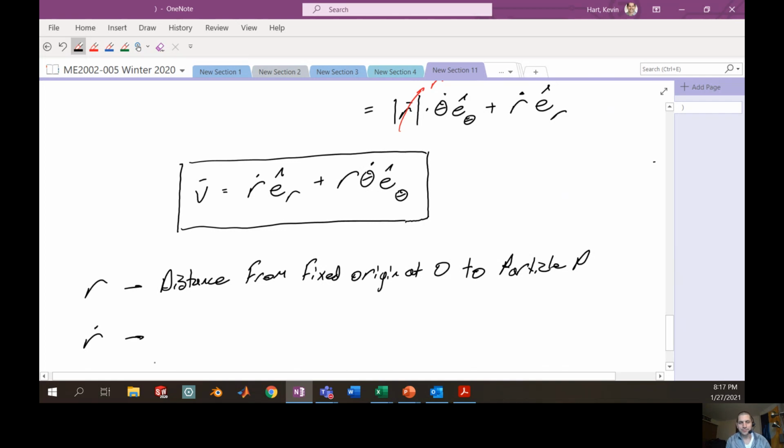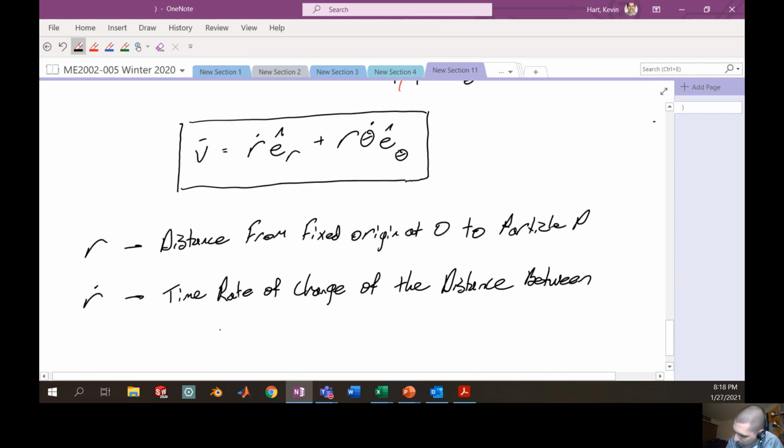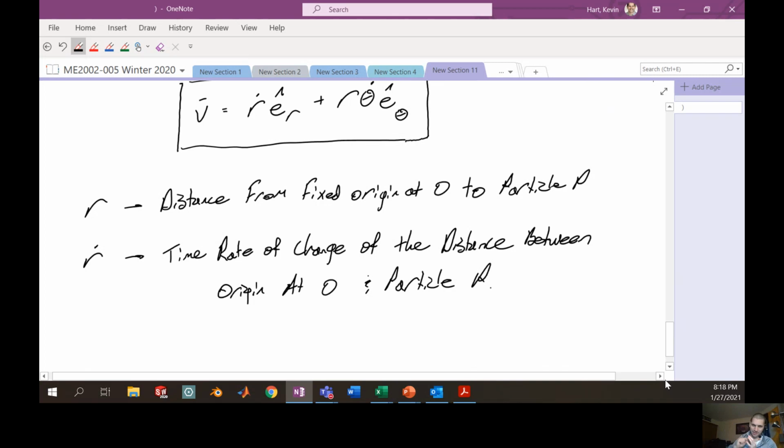So here it would be the rate of change of the distance between the origin O and the particle P. This change in position, as I move in and out, is always along e hat r, because we know that our position vector always points in the direction of e hat r.